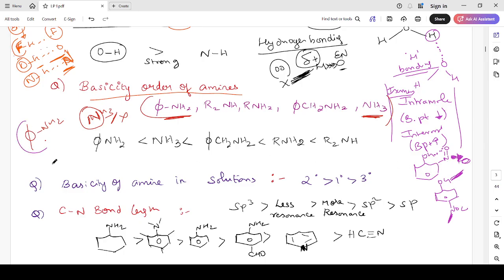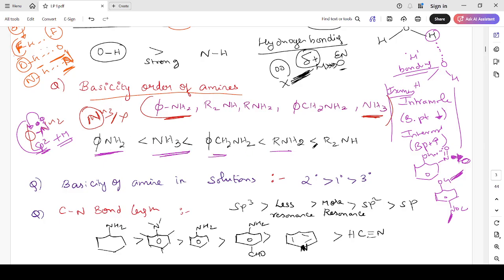But here I have benzene. When you compare the electronegativity between carbon and nitrogen, definitely there is a lot of difference, isn't it? Also, we saw that this nitrogen is pushing its electron towards the benzene because of sp2 hybridization, right? Because of the plus M effect. So this lone pair is not available. So it is the least, followed by ammonia.